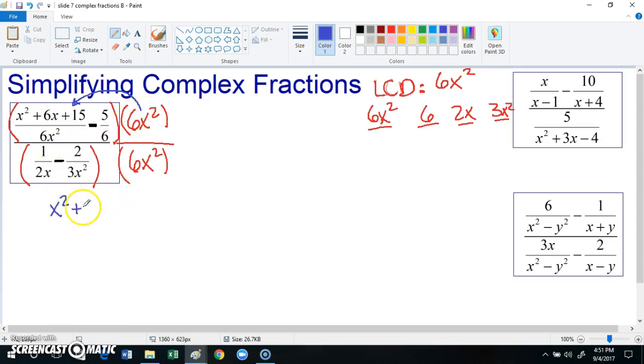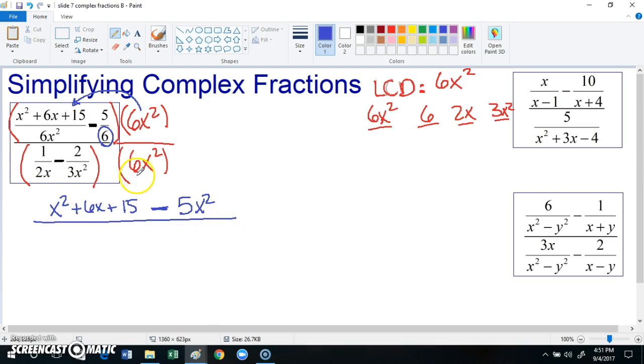I'm just going to get x squared plus 6x plus 15. Then I have minus 5 divided by 6 times 6x squared. The 6 in this denominator is going to reduce with the 6 of the 6x squared, and we're going to get minus 5 times x squared. Done. The numerator has no more fractions in it.